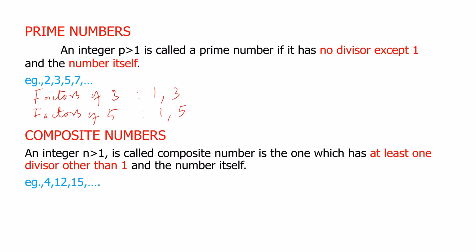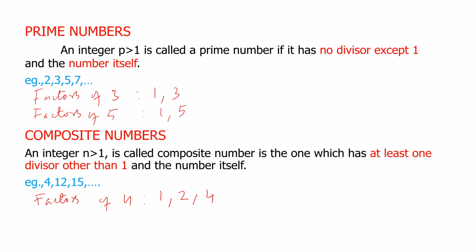And then what are composite numbers? An integer n greater than 1 is called composite when at least one divisor other than 1 and the number itself exists. For example, if you take the factors of 4, 1 into 4 is 4, 2 into 2 is 4, again 4 into 1 is 4.